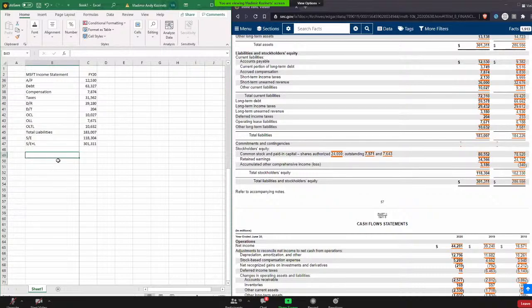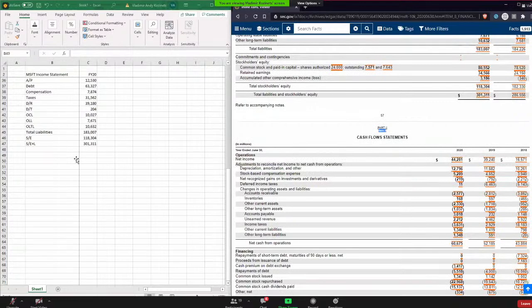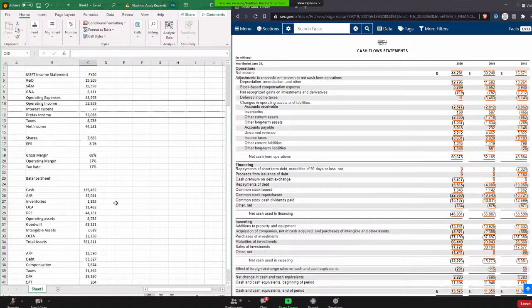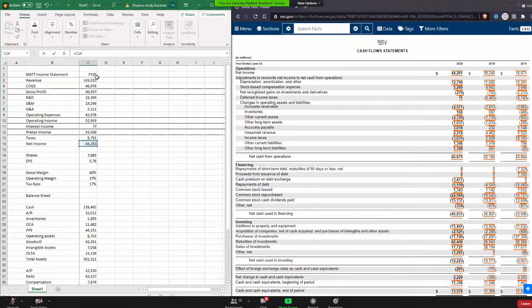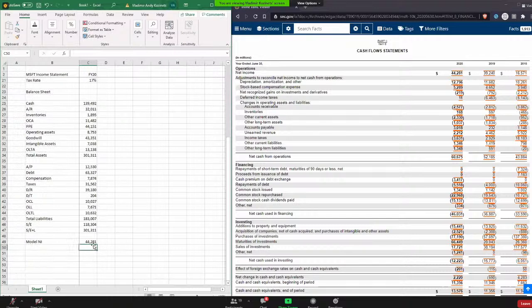Okay, let's move on to the cash flow statement. We have our model. So this is our model so far. Our model's net income shows that the net income for the year 2020 was 44 billion and 281 million, because it's in millions, remember.